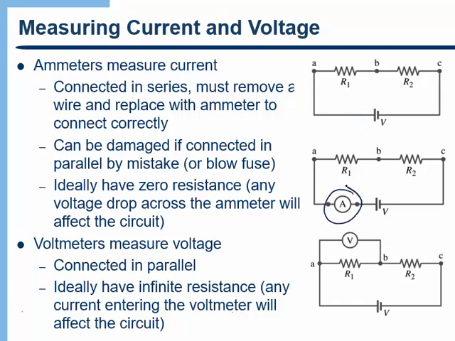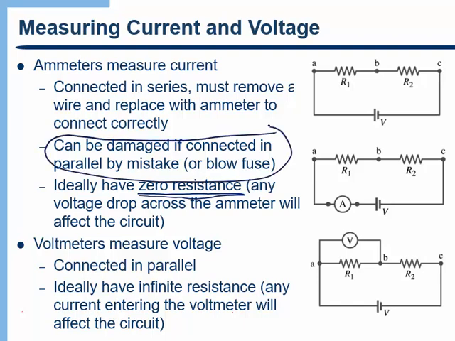Now, ideally, we don't want our measuring instruments to affect what we're measuring. So ideally an ammeter would have 0 resistance, because if it's got resistance, then by putting it in the circuit, I've changed the resistance of the circuit. In practice, ammeters do have very low resistances. And that's why an ammeter can be damaged if connected in parallel by mistake.